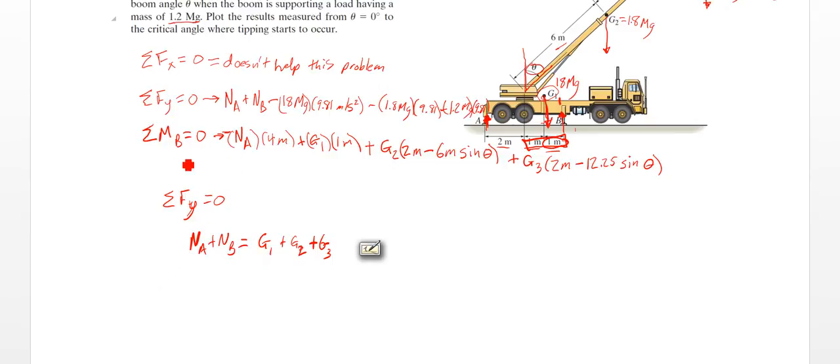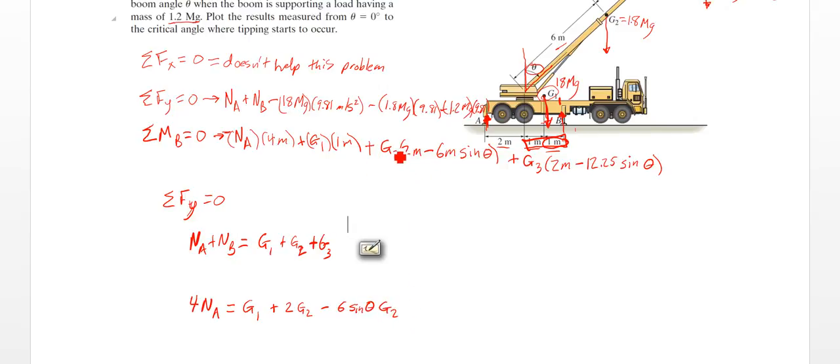Expanding this moment equation, we're going to have 4NA, so I'm taking this negative 4NA to the left side, equals G1 plus 2G2 minus 6 sine theta G2.